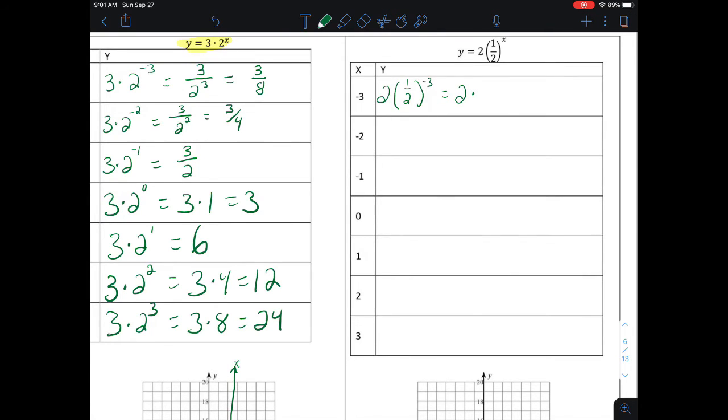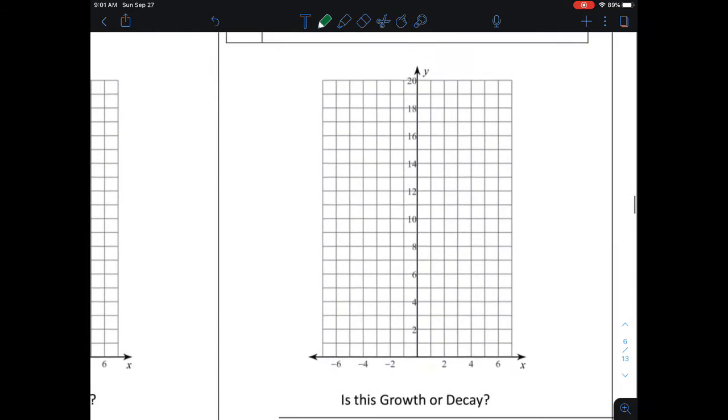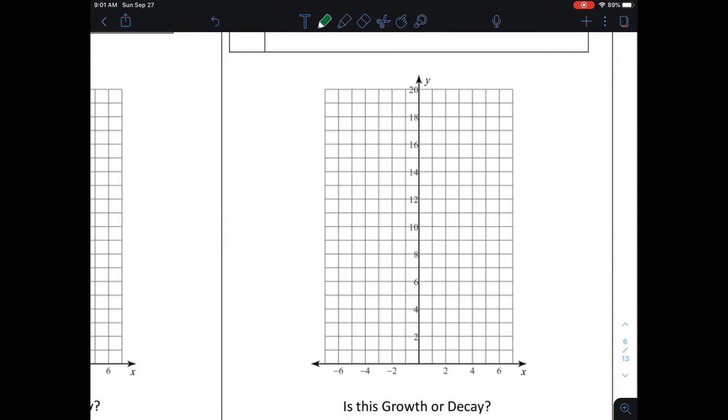You flip that 1/2 when it has a negative exponent, and so that makes 2 to the 3rd. So 1/2 to the -3rd power, same thing as 2 to the 3rd power, which gives me 2 times 2 to the 3rd, which is 2 times 8, which is 16. So I have -3 comma 16. And I get a point.